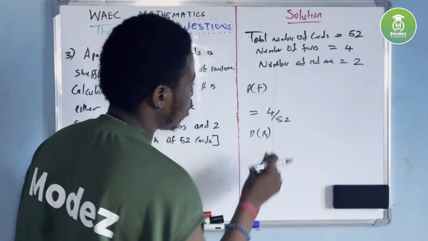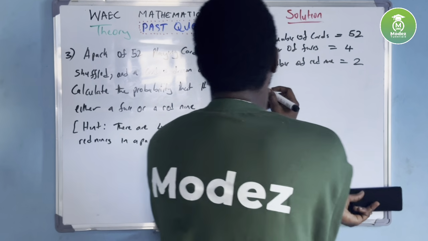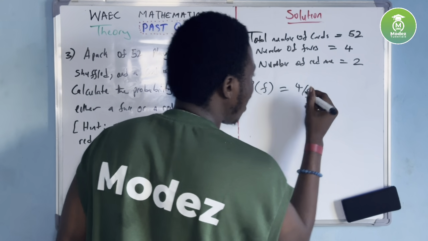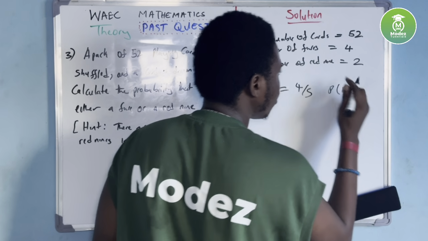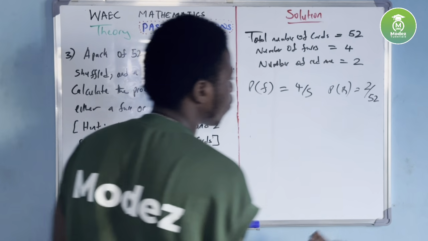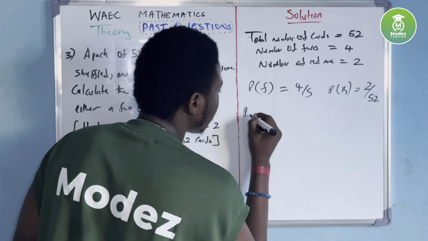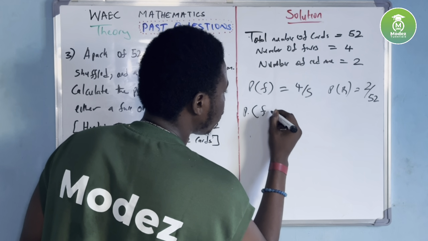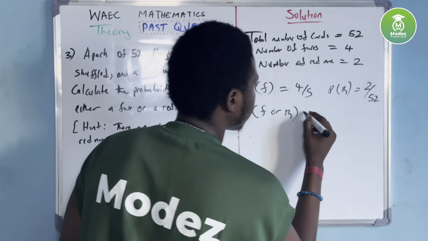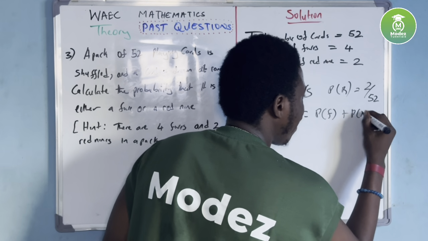Let me use F for this. So let me write this again. The probability of getting F is equal to 4 over 52. And the probability of getting R, this is the red 9, is 2 over 52. So the probability of getting either F or R is equal to the probability of F plus the probability of R.